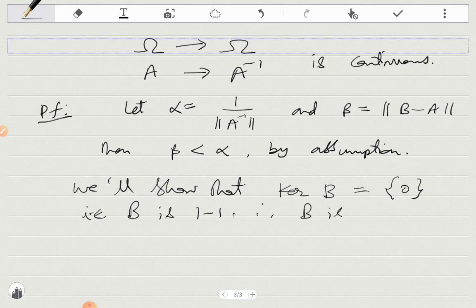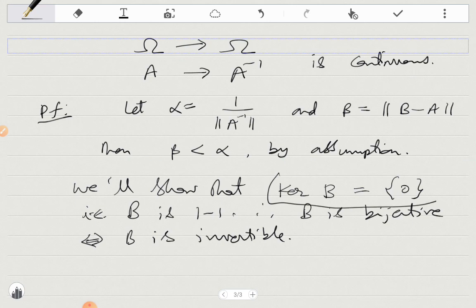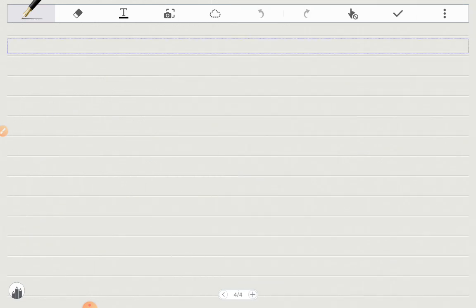Therefore, B is bijective, which is the same thing as saying B is invertible. So let's show that the kernel of B is 0. So I want to show that Bx cannot be 0 for any x.